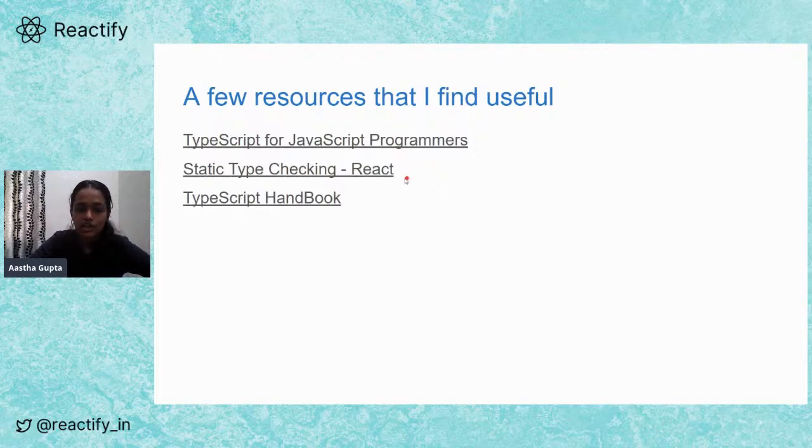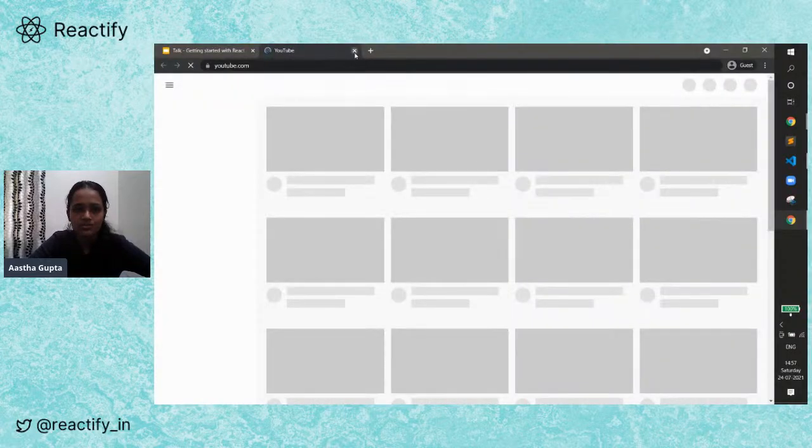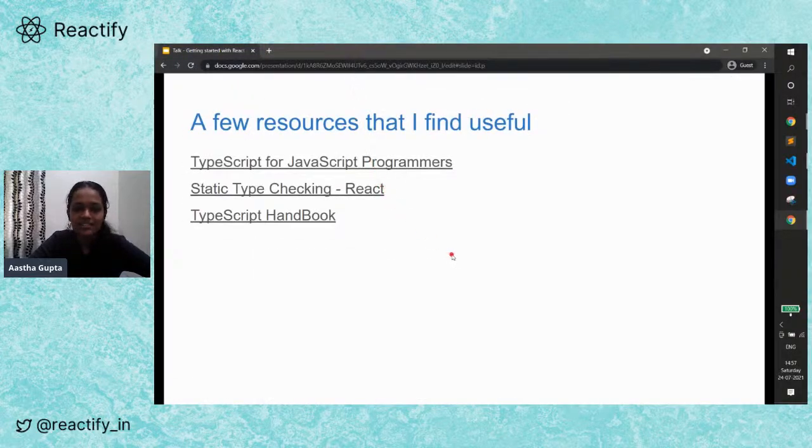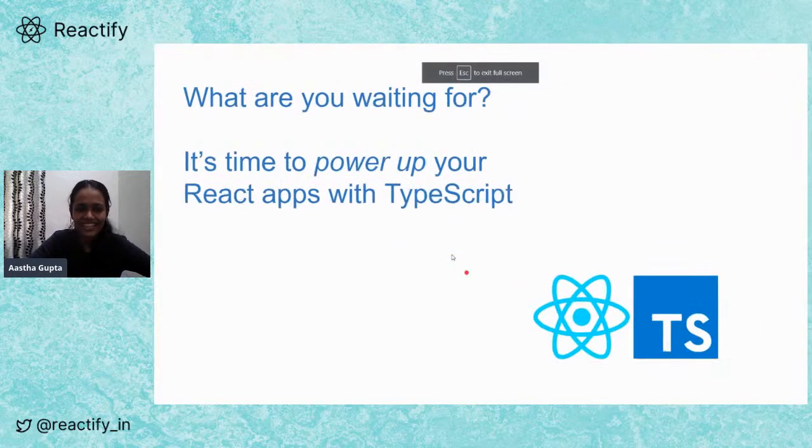Then there's documentation for React, where there's a specific part that shows how you can use static type checking with React. And there's also the TypeScript Handbook, which TypeScript themselves released, so you can have a look there as well. And the other thing that I want to recommend is this presentation and this talk, and that's about it.